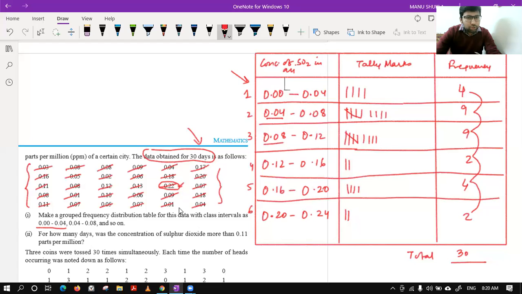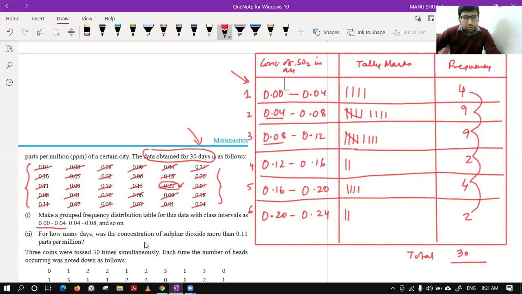Now the question, let's see. For how many days was the concentration of sulfur dioxide more than 0.11 parts per million? Please tell, for how many days the concentration was more than 0.11 parts per million? For 8 days.